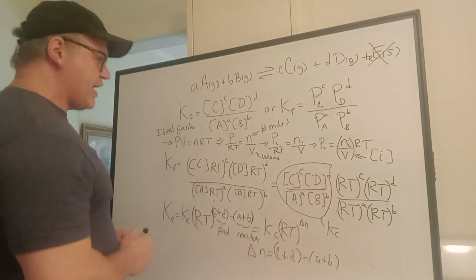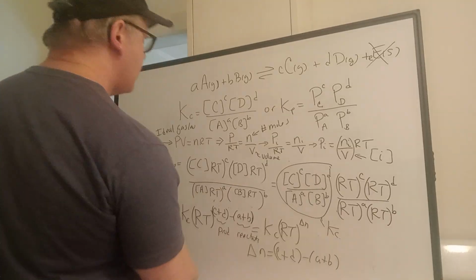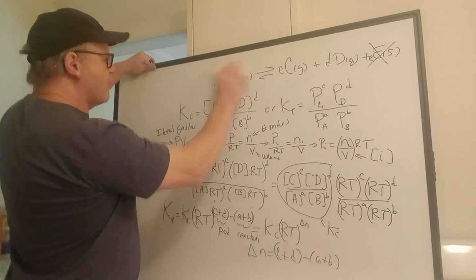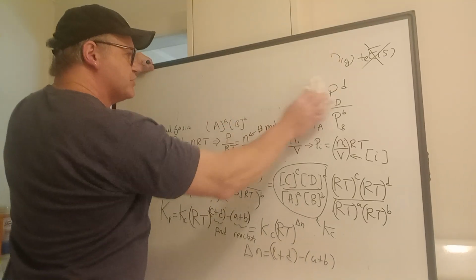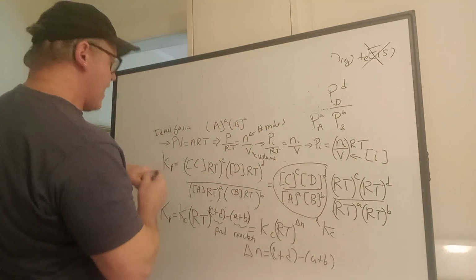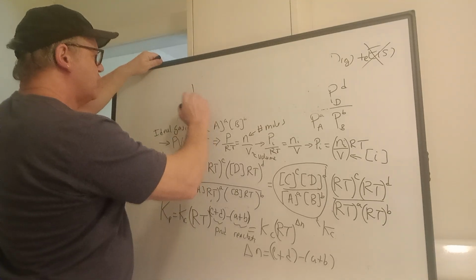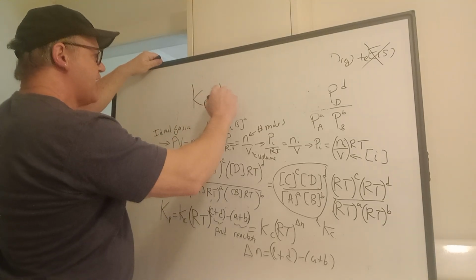So, and we can write this in a more succinct numerical form. I have to erase the top here because I'm out of space. If you want to have numbers in here, so we have the master equation, if you will, Kp is equal to Kc.